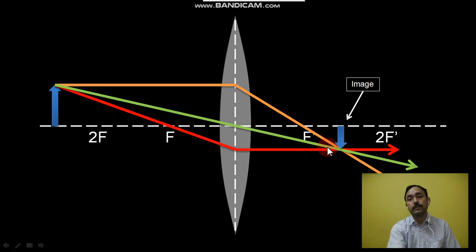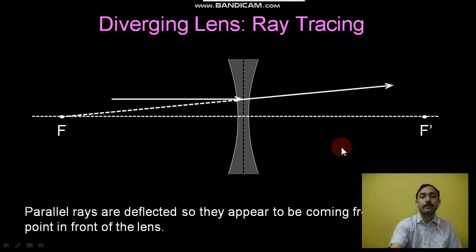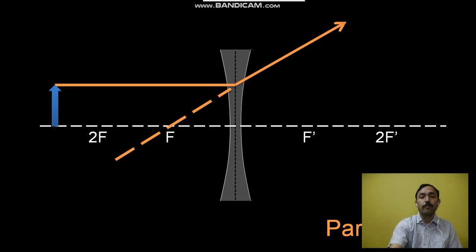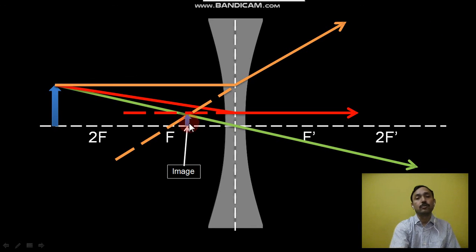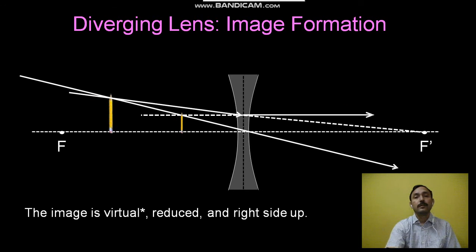This is the real image, but here this image is a virtual one. This is a virtual image: virtual, reduced, and right side up. Right side up means this is erected.